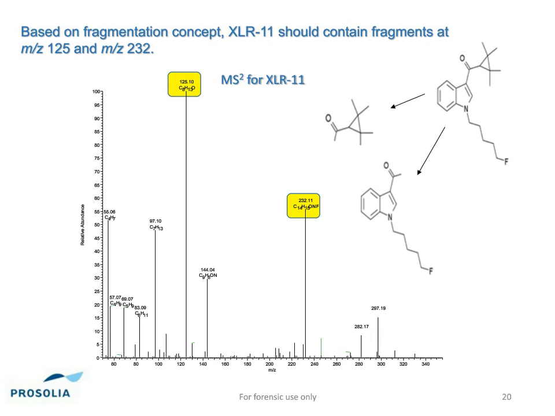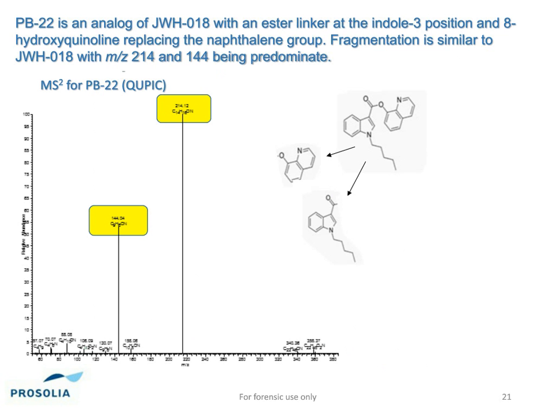This is the fragmentation for XLR11, and as you can see, we got exactly what we were expecting. MZ 125 and 232 were the desired fragments. These were also identified by accurate mass as well. So we have another confirmation that it is indeed XLR11. PB22 is an analog of JWH-018.